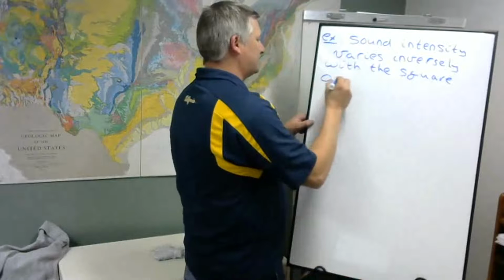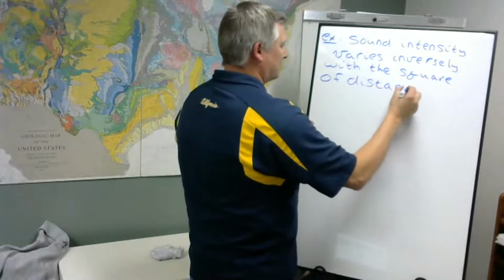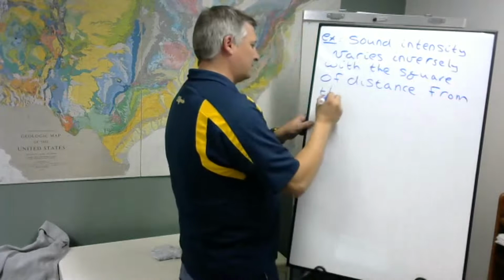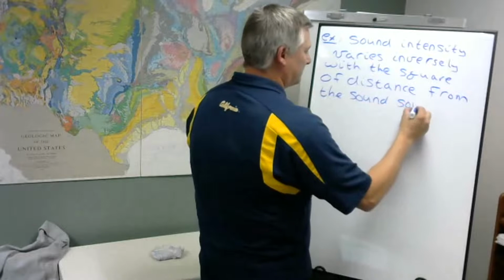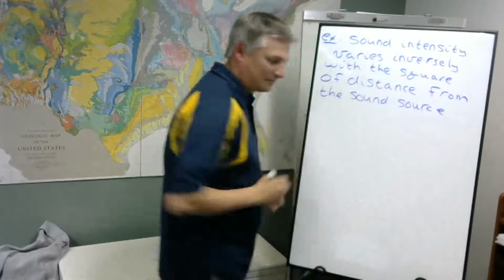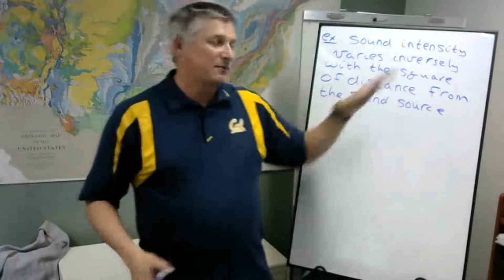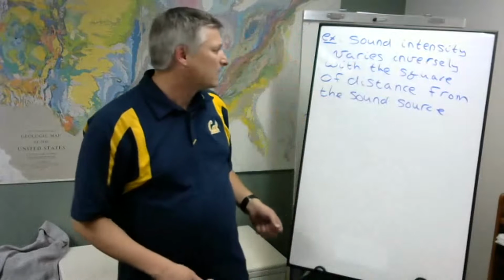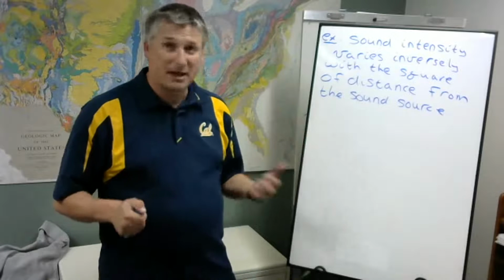It varies inversely with the square of distance from the sound source. So it varies inversely. So this tells us we have an inverse variation with the power of x. In this case, the power is going to be 2. And what's being varied inversely here is the distance from the sound source.